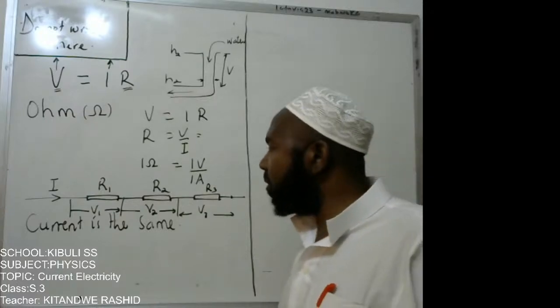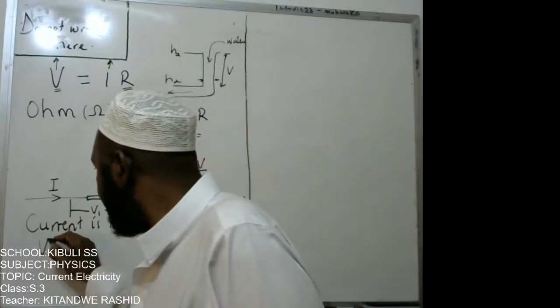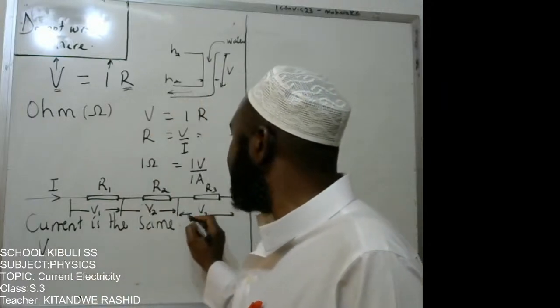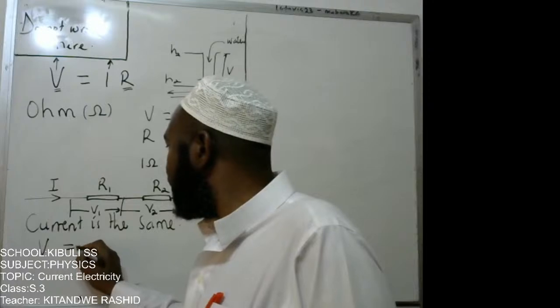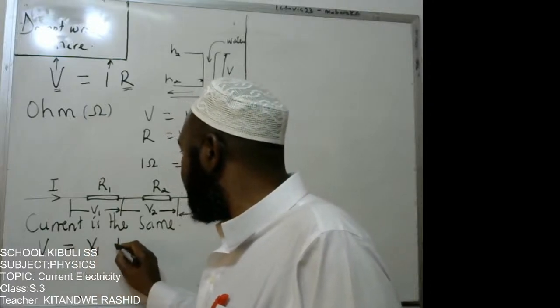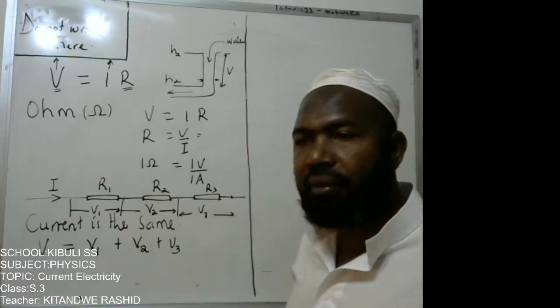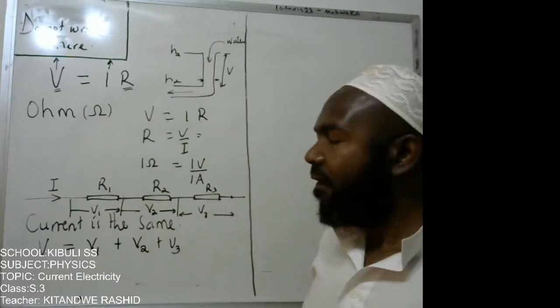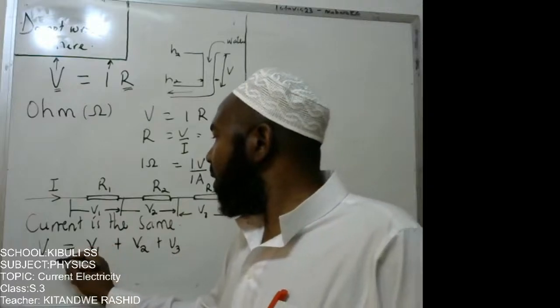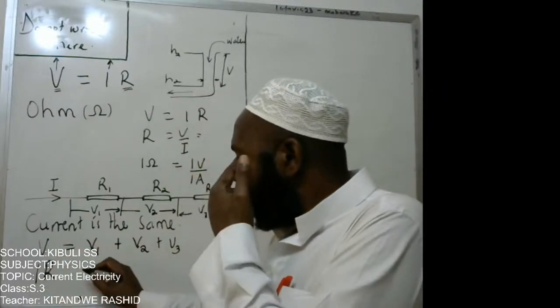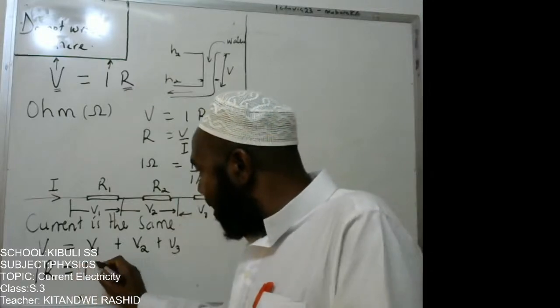Now from this one, you can see the total voltage is going to be equal to V1 plus V2 plus V3. Now, from Ohm's law, V is equal to IR. V1 is going to be equal to IR1.